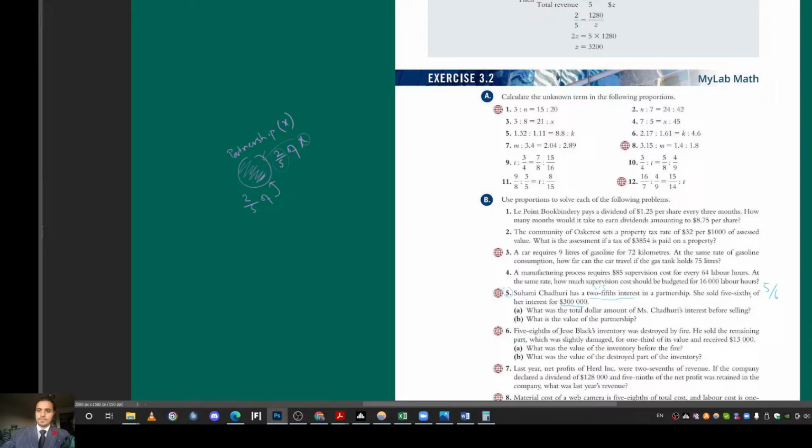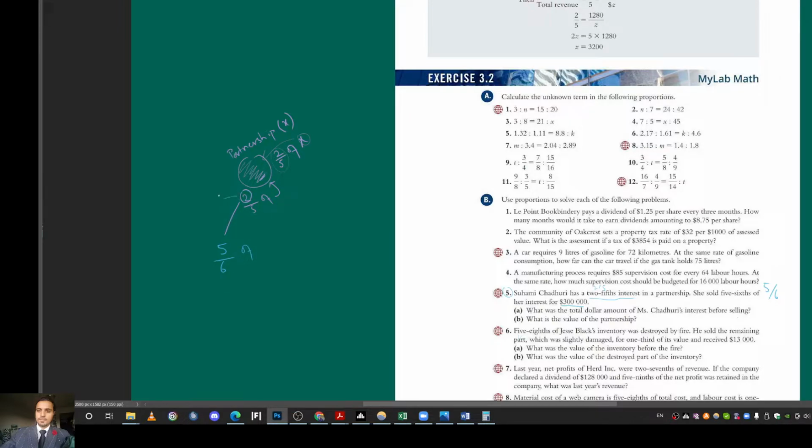And she sold 5/6 of her interest for $300,000. So out of this 2 that she has, she sold 5/6 of this 2.